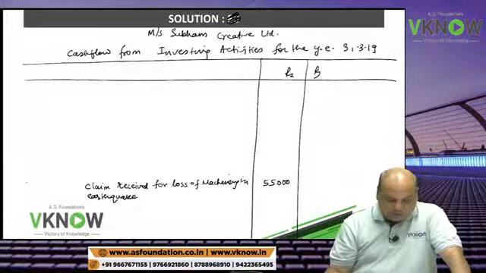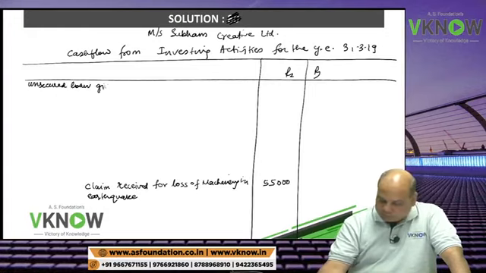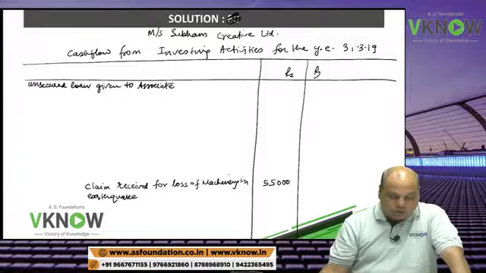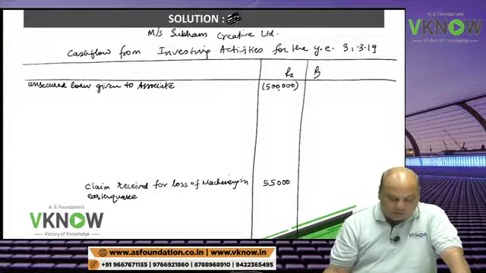Next line is unsecured loan given to associate. Write down unsecured loan given to associate. It is an investment activity, but loan taken will be a financing activity. So this will come in outflow. Brackets indicate outflow.